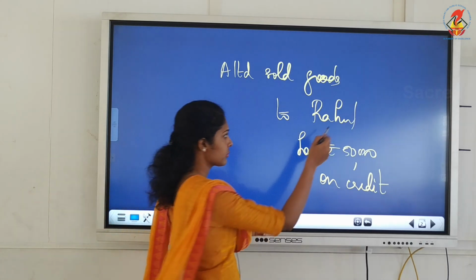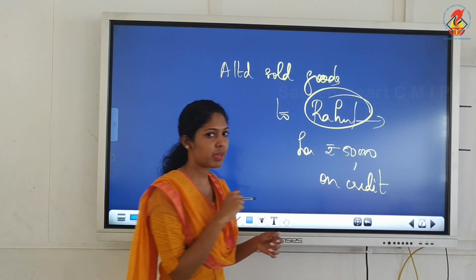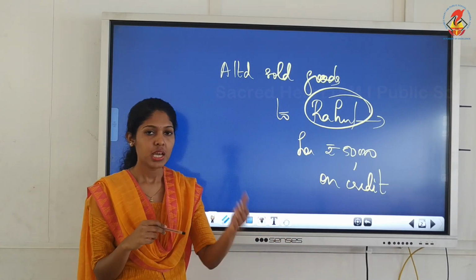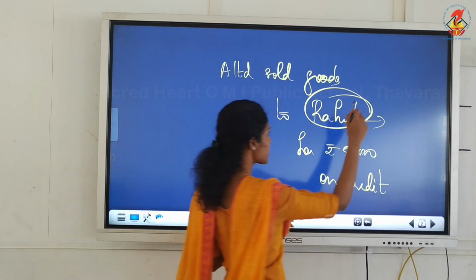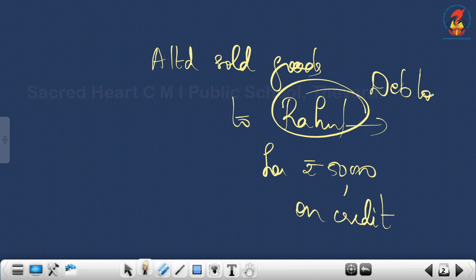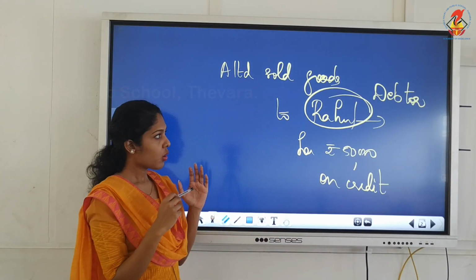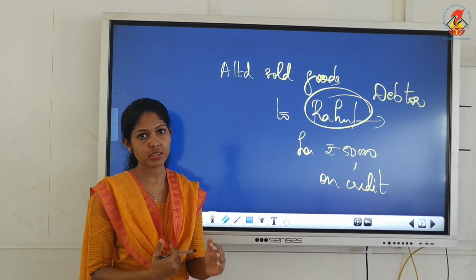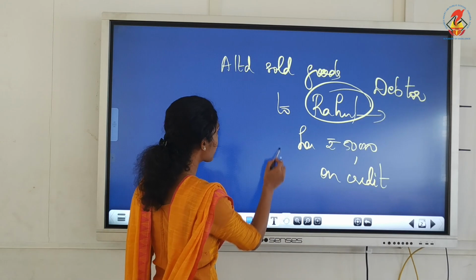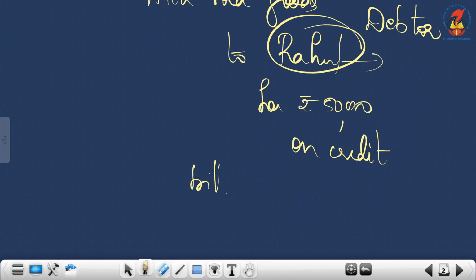Now since Rahul is not making the payment now, that means we are selling on credit, Rahul will not make the payment right now, so Rahul is termed as our debtor from whom we have to receive the amount. Now in this case, since he is not giving us the money right now, we will draw, that means we will make a bill or we will draw a bill.